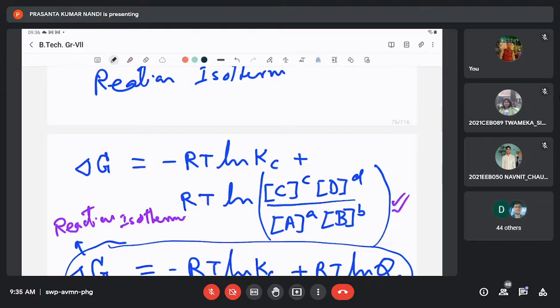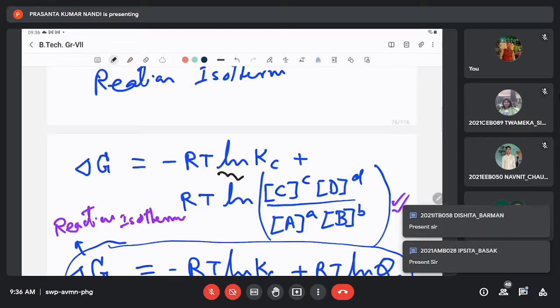So we can write delta G equal to minus RT ln Kc, where ln means natural logarithm and Kc denotes the equilibrium constant in terms of concentration, T is the temperature in Kelvin, R is the gas constant, plus RT ln, this part.